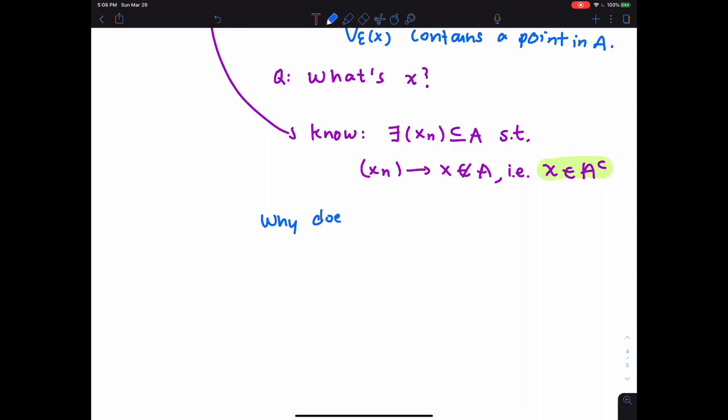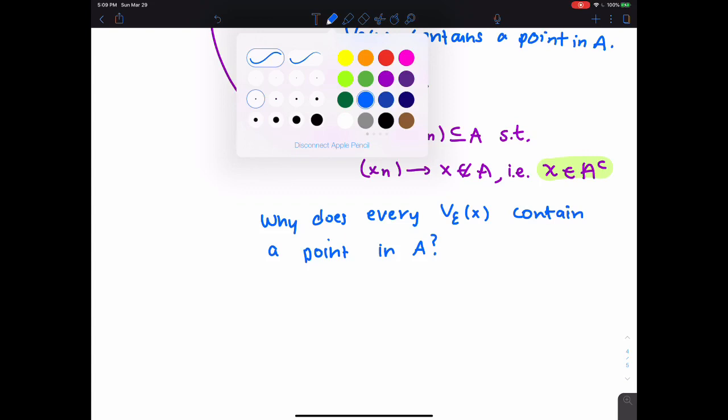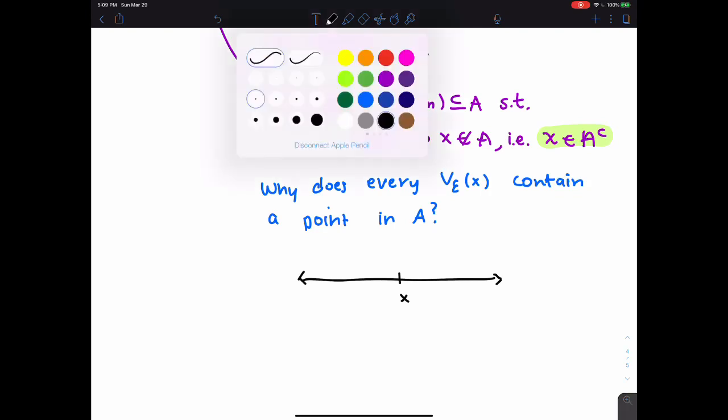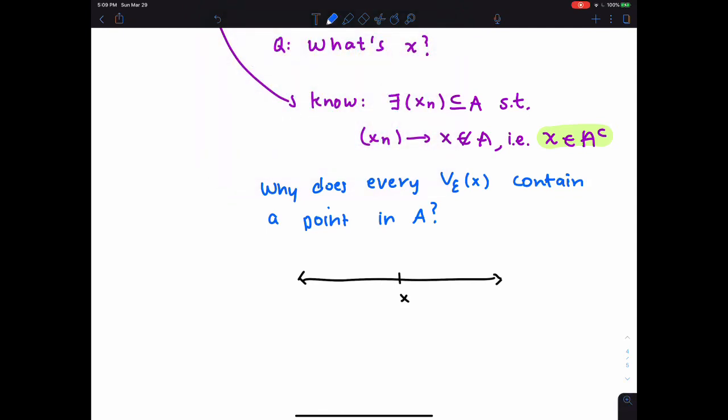So we're asking the question, why does every V epsilon of x contain a point in A? Well, let's look at our picture. We have our x. We know that x, remember, is in A complement. But we just said we have a sequence of values that is converging to x, and those values are each coming from A. So maybe I have something like this.